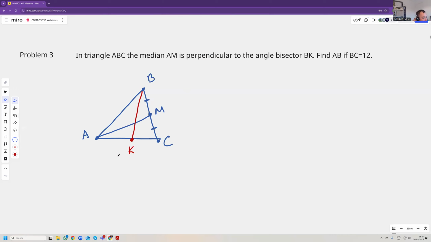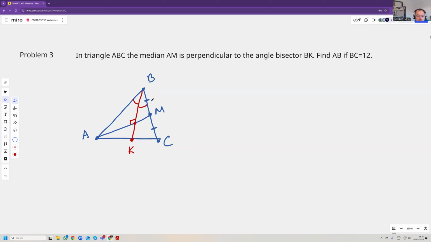All right. So this angle is equal to this angle. And they are perpendicular, so this is a right angle. Okay, the diagram doesn't really show it, but it doesn't have to be accurate. So what does that tell us?